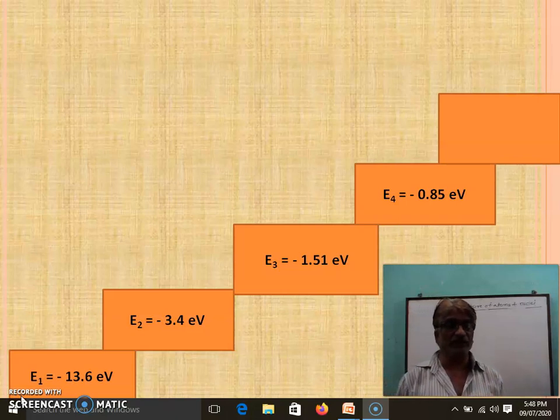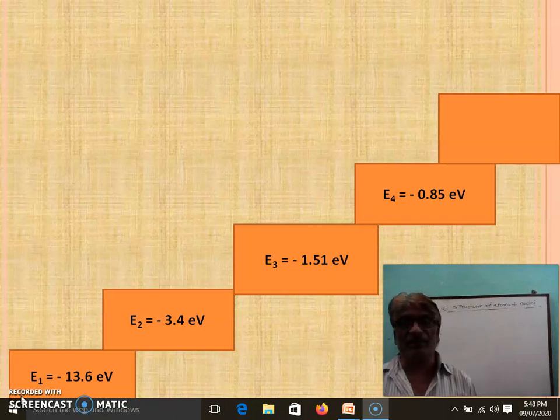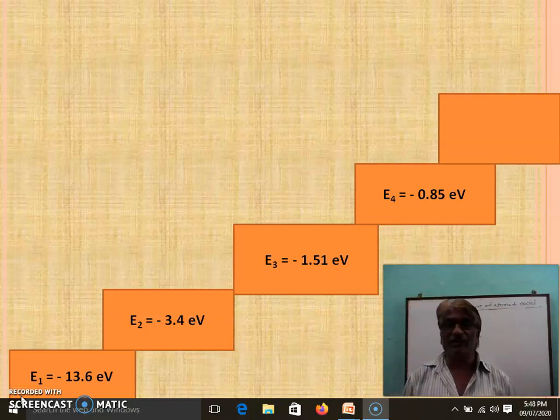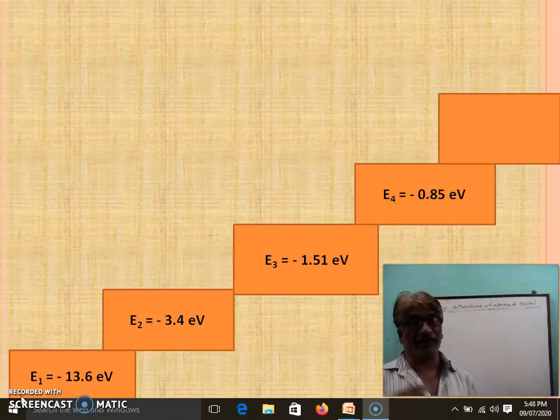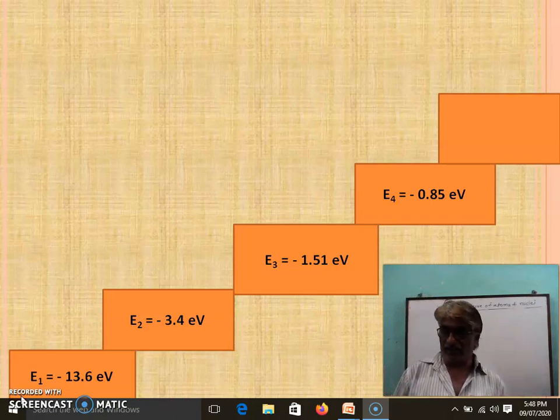So E4 is equal to E1 upon 16, and so minus 13.6 upon 16 gives minus 0.85, which is higher energy, whereas E1 equal to minus 13.6 electron volt is lower energy.